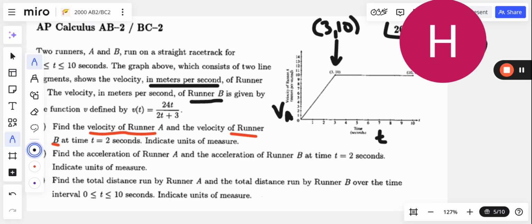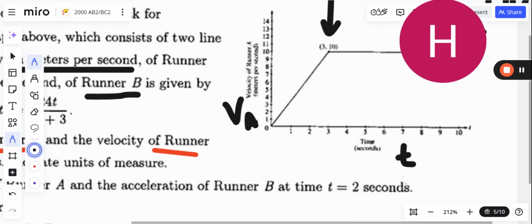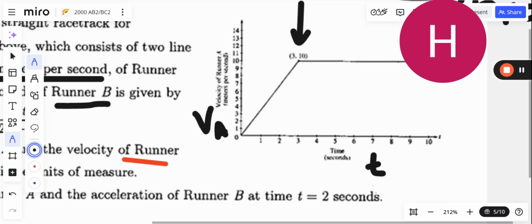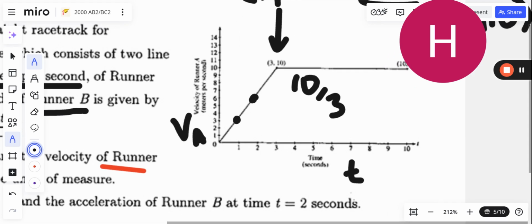So this is pretty easy because the velocity is just right here on the graph for us. Now, if it's sort of hard to see, you can use the fact that this straight line segment goes up to (3, 10). So the slope is 10 over 3. So that means 1 second in, we're going to be at 10 thirds. And then 2 seconds in, we're going to be at 20 thirds.